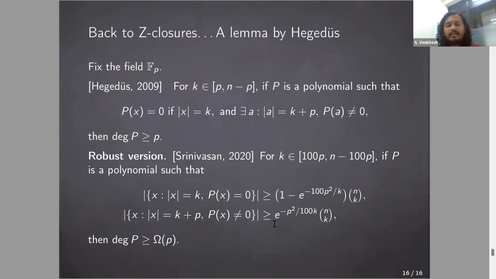So we don't have a degree bound of exactly p, but we have a degree bound of omega of p. I just noticed there's also a small error here in the second part. This is n choose k plus p, because we're talking about the fraction in the layer k plus p. So that is a robust version of this statement.